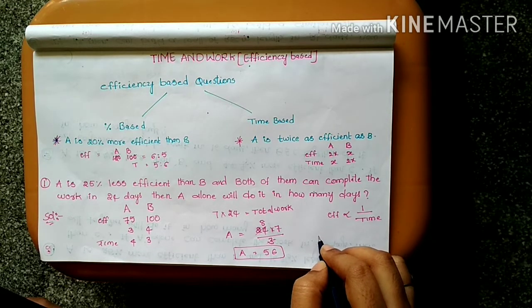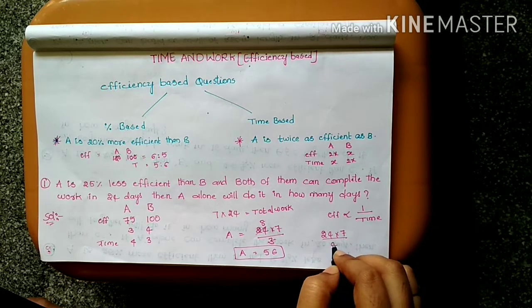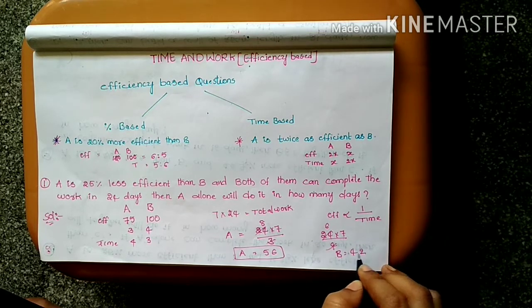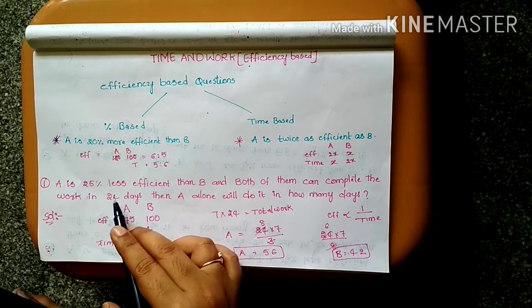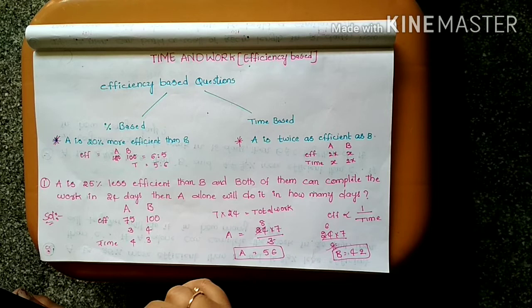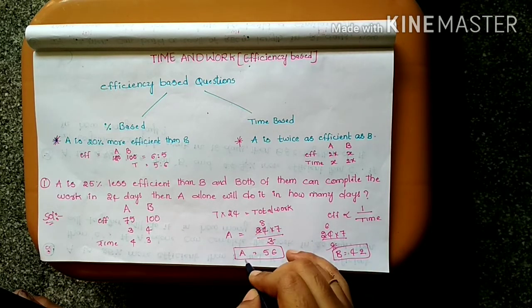If we want B, 24 into 7 divided by 4. So B is 42. So here A is less efficient than B, so B takes fewer days than A.